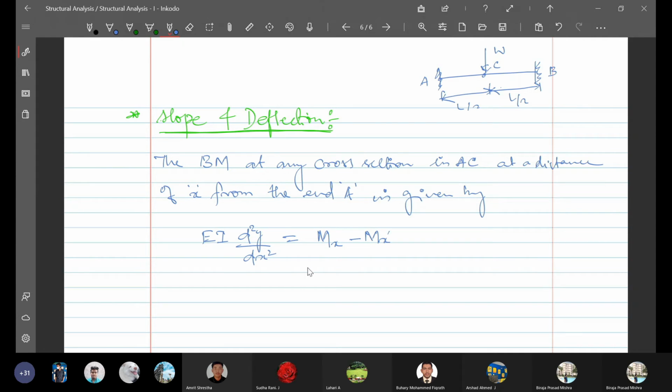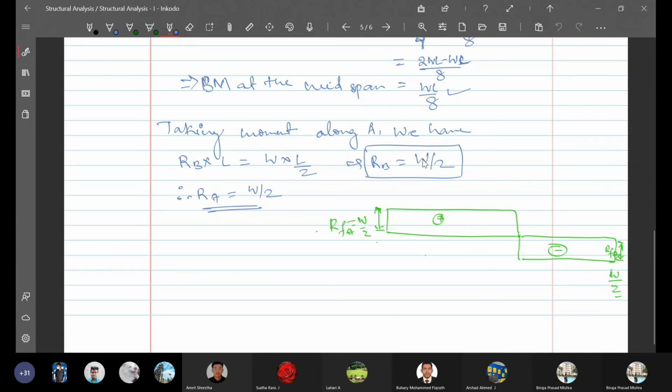Okay, so if that is the case, can we write in place of Mx, since we are considering the bending moment at a section from here, W by 2 into x minus WL by 8? Can we write it like this? If you see here, this one is W by 2.